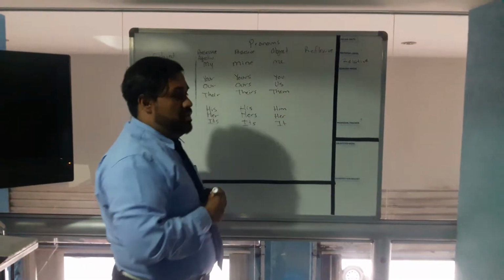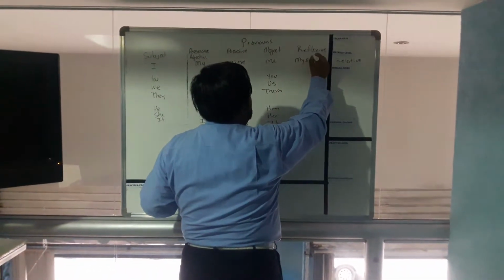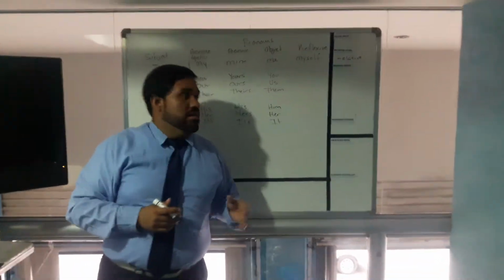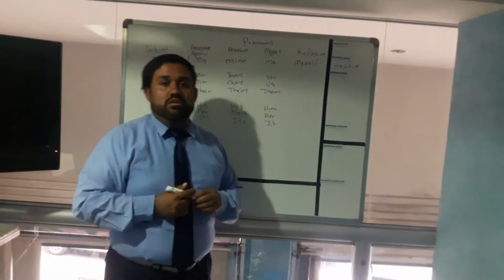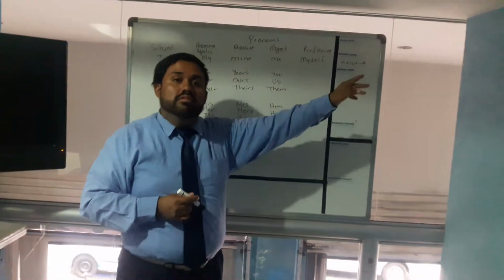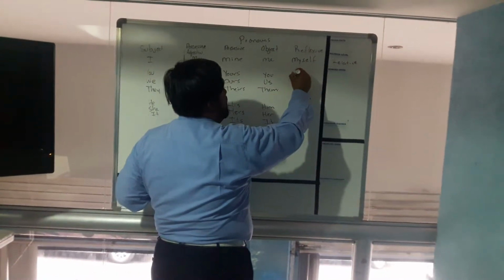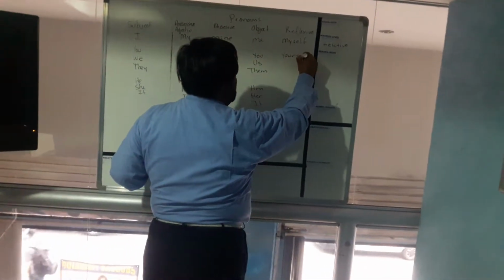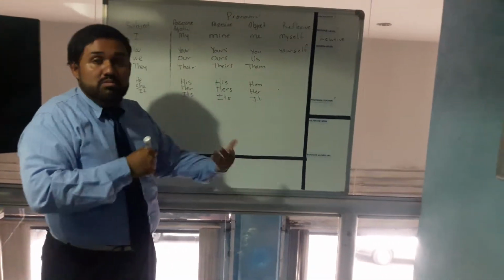Finally, we have reflexive pronouns. Reflexive pronouns are very easy to understand because, for example, for the first person it is myself, which is mí mismo. You can understand them by the ending self. Here we have two, because we have the singular, yourself, in Spanish ti mismo.